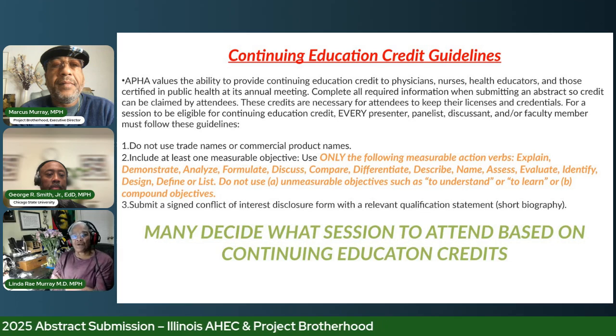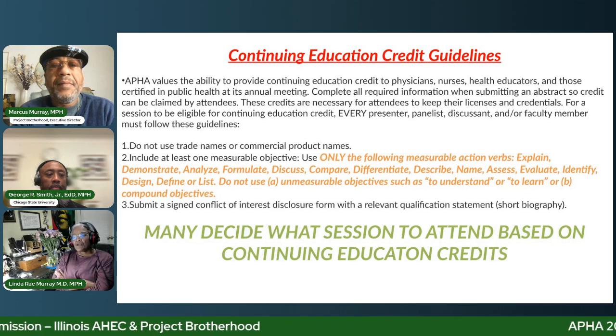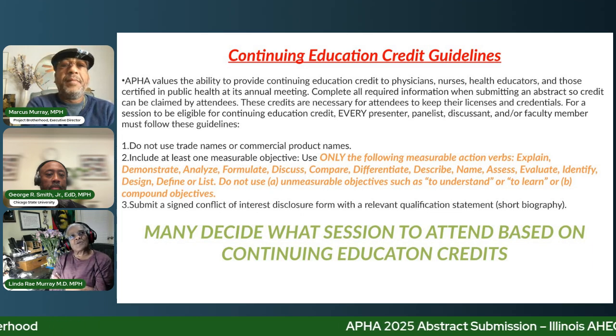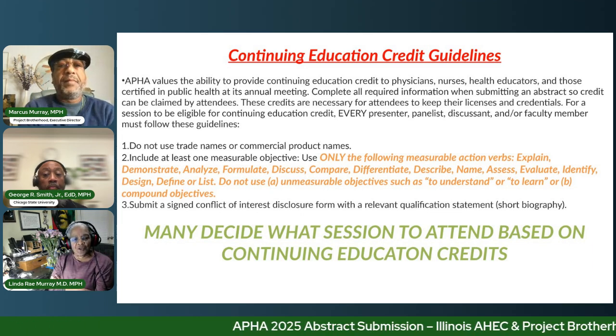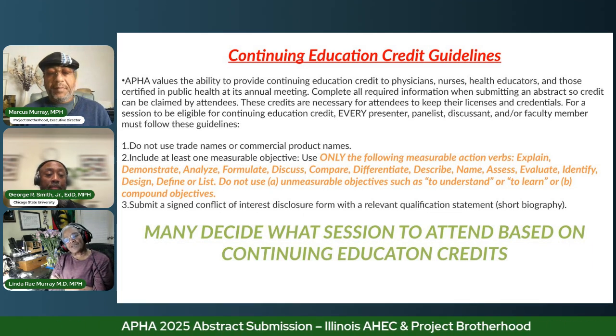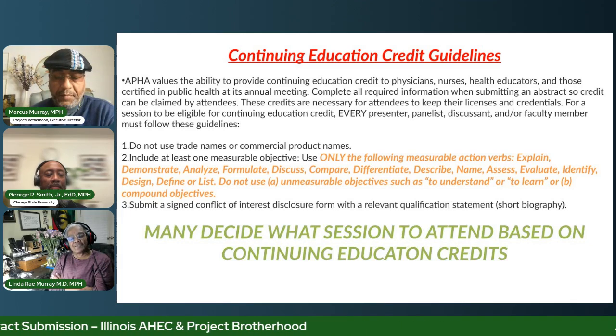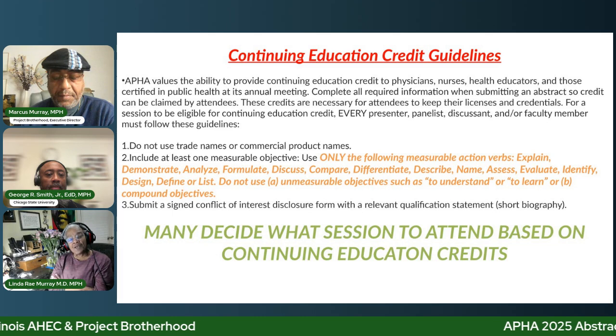Now comes the important part. This takes a little bit of work. When people come to this meeting, yes, they want to see people, they want to see their old friends, they want to go to interesting sessions, but a number of them also need to get continuing education credits.